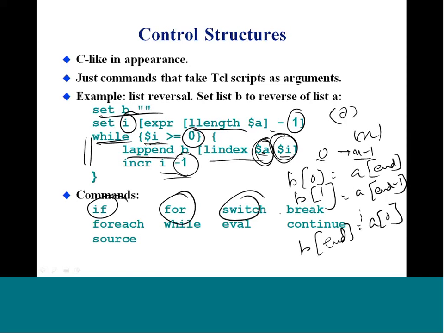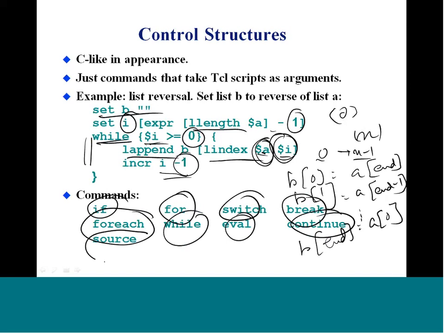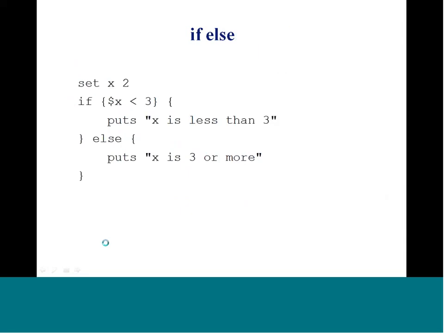The control structure commands are essentially if, for, switch, break, foreach, while, eval, continue, and source. The source command is very commonly used; essentially it is to source a set of procedures or new commands. So let's look at if else.